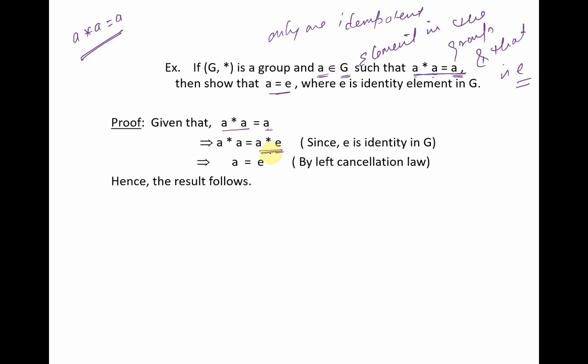By the definition of identity element, if I operate any element by an identity element, it will remain the same. So A star A is equal to A star E. Now I know both the left and right cancellation laws hold in case of groups. So by using the left cancellation law, this A and this A will be cancelled, and I will be left with A is equal to E. So there can only be a single idempotent element in any group, and that will be the identity element.